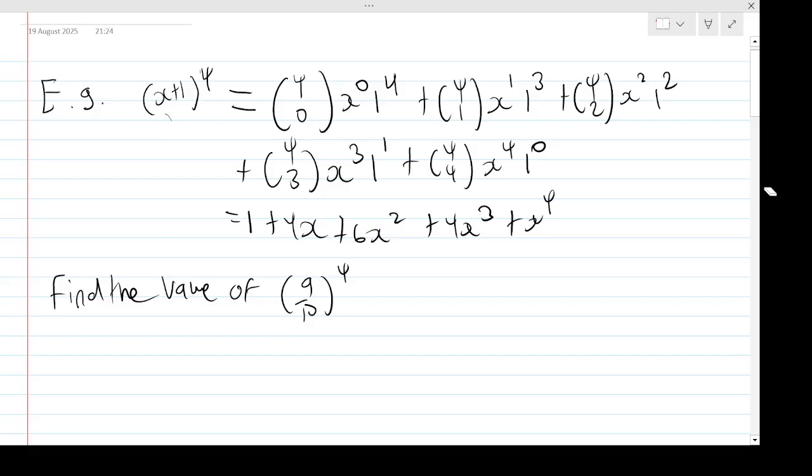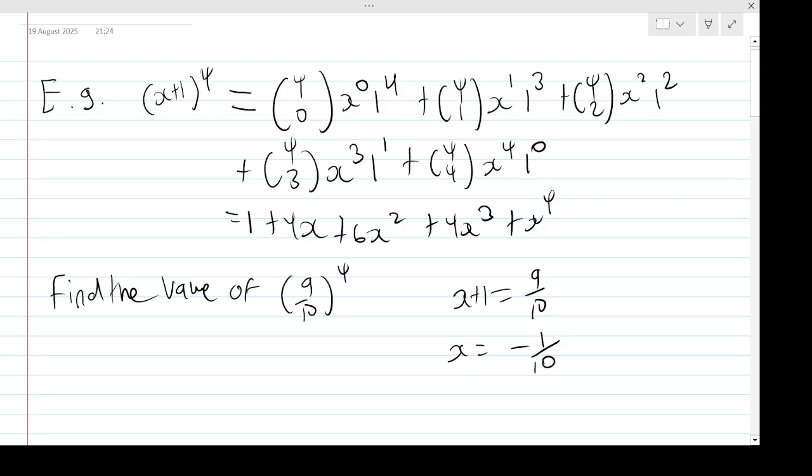What if I put the brackets equal to each other? What if I said x + 1 is equal to 9/10? If I solve that, then x would be minus a tenth. Obviously, to find this value I could put it in the calculator, but for the purpose of learning in this example, we're not going to do that.